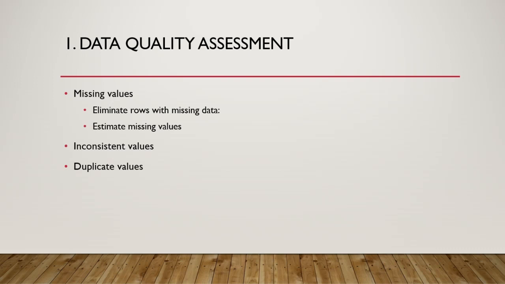We can do two things. Either we eliminate the missing data, meaning we remove those features or records. But sometimes that may not be very helpful, because when we remove missing values, we may also lose some important data.